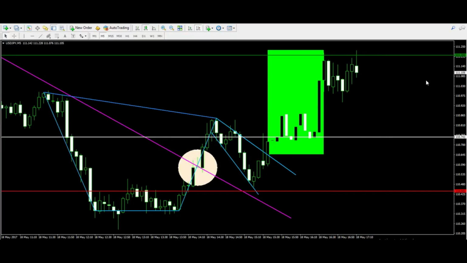At the same time, my stop loss order was placed at 110.44 on a 30 pips distance. So I risked 30 pips, which is 0.30 divided by the entry price at 110.74.